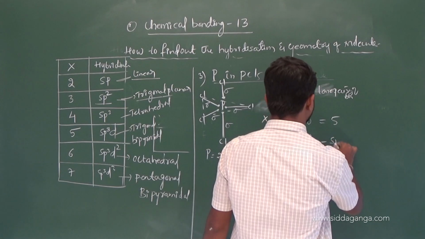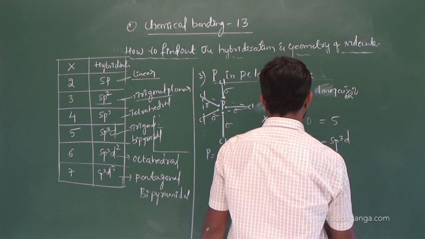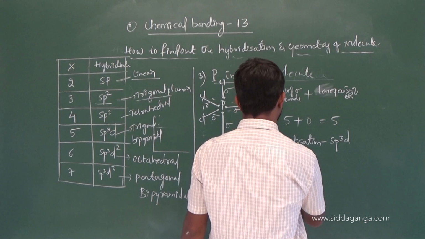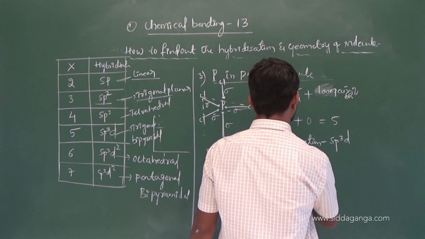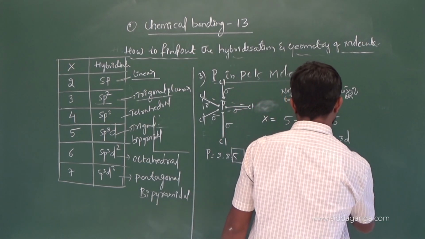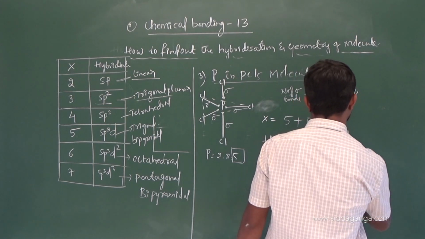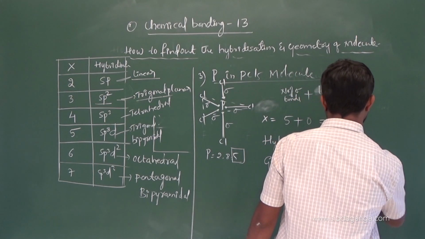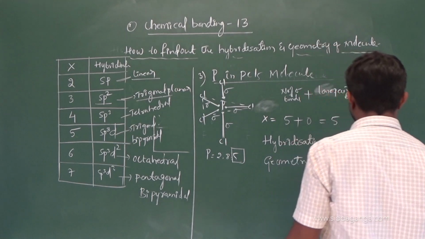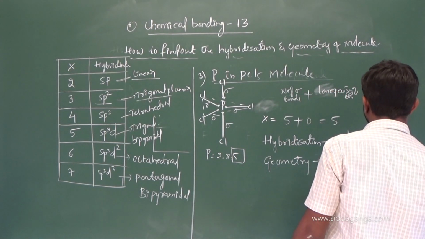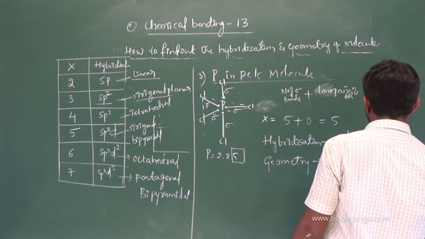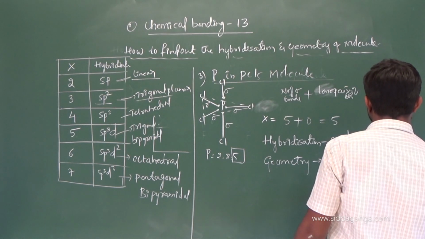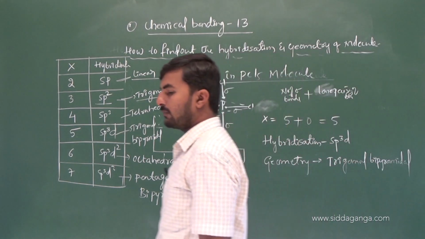sp3d hybridization, and it can have a geometry that is trigonal bipyramidal. It can exhibit trigonal bipyramidal geometry.